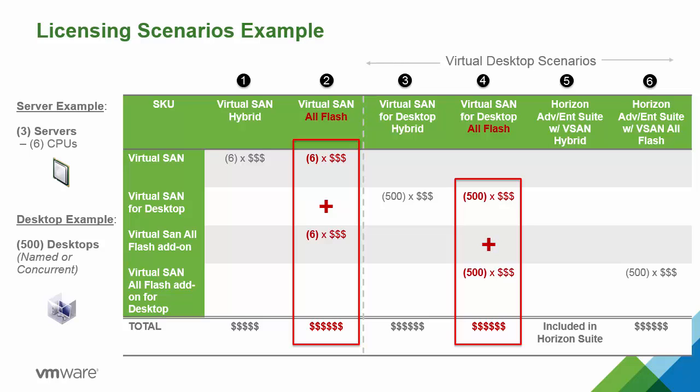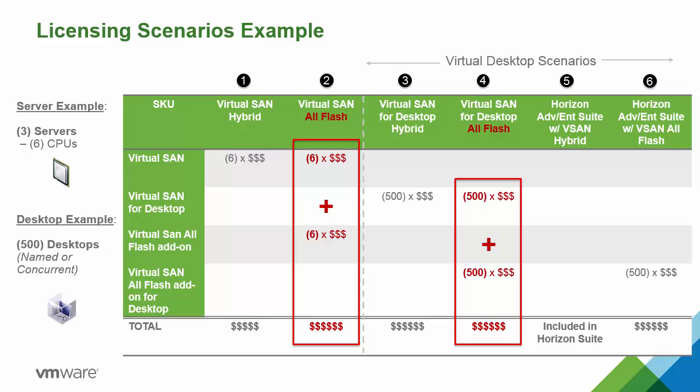This slide here represents the different ways in which you need to calculate for your vSAN licensing for both server and your desktop environments, like I was talking about. Again, the main takeaway is that if your customer wants an all-flash option, you have to calculate for both the standard vSAN licenses as well as the all-flash licenses.